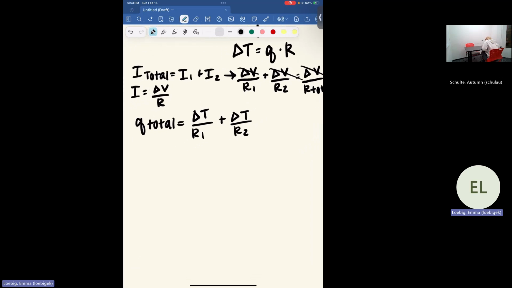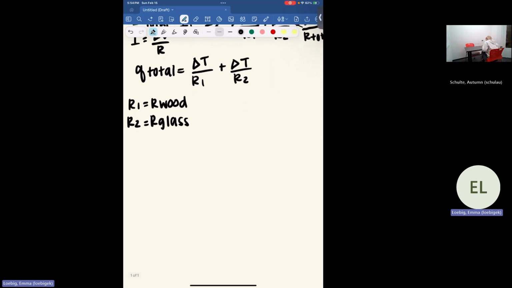And our resistance 1, we're going to say, is the resistance of the wood. And our resistance 2 is going to be equal to the resistance of the glass. If we write those out, we said those are both heat traveling through conduction.